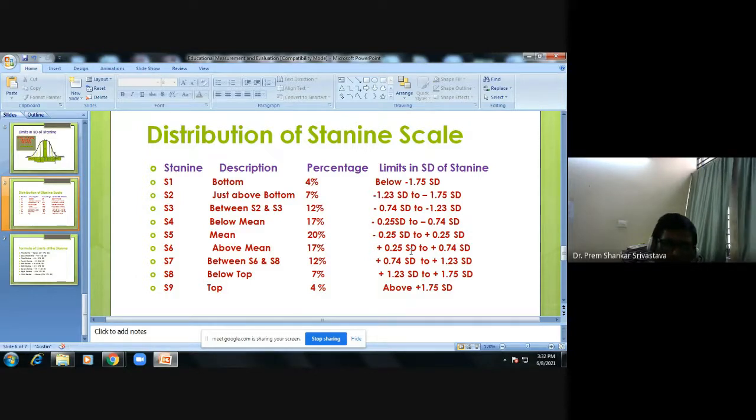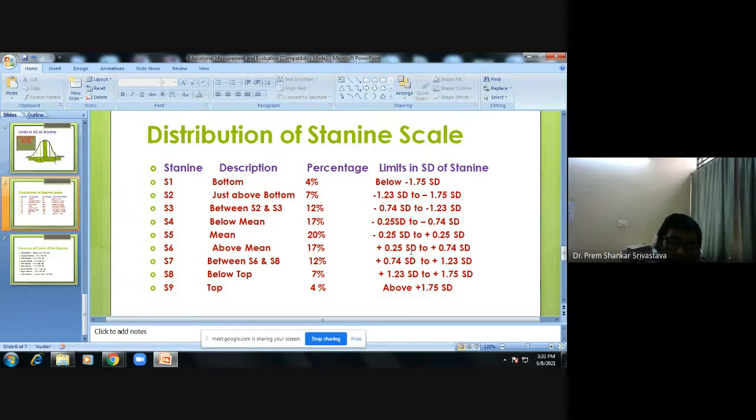Now S8, the eighth Stanine, is below top, at 7%. Its limit is from 1.23 standard deviation to plus 1.75 standard deviation. Now S9, the ninth Stanine, is the top and also covers 4% in the normal probability curve, above 1.75 standard deviation.